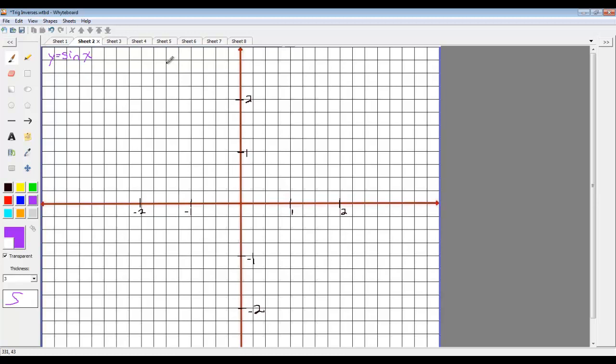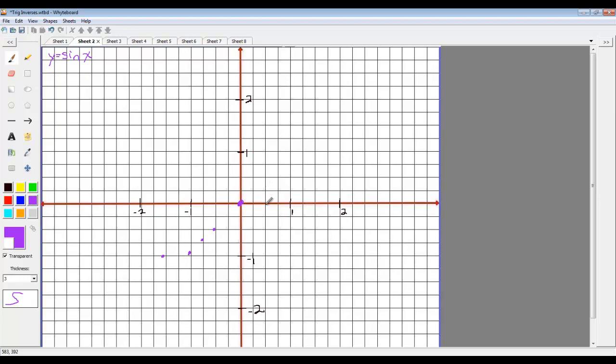So y equals sine x, around -1.57, you have -1, right here. Around -1.05, you have -0.87. Around -0.79, you've got -0.71. -0.52, you got -0.5. At 0, you got 0.